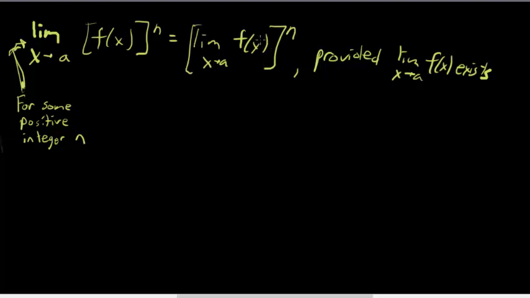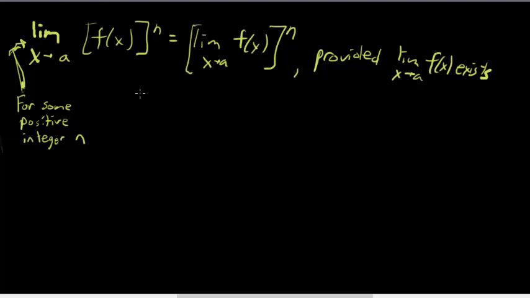So that would be 1 over this limit squared. And if this limit were 0, we'd be dividing by 0. So we'd have to add the additional condition that f of x can't be 0.